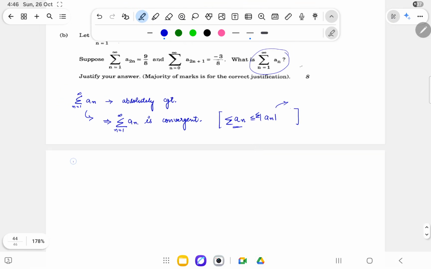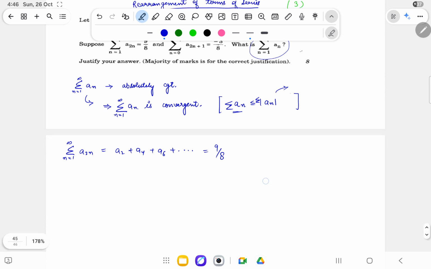First, they have given us that the sum of all the even terms, the terms occurring at even places, is 9 by 8. That means summation n equals 1 to infinity a2n, which is a2 plus a4 plus a6 and so on, is 9 by 8.